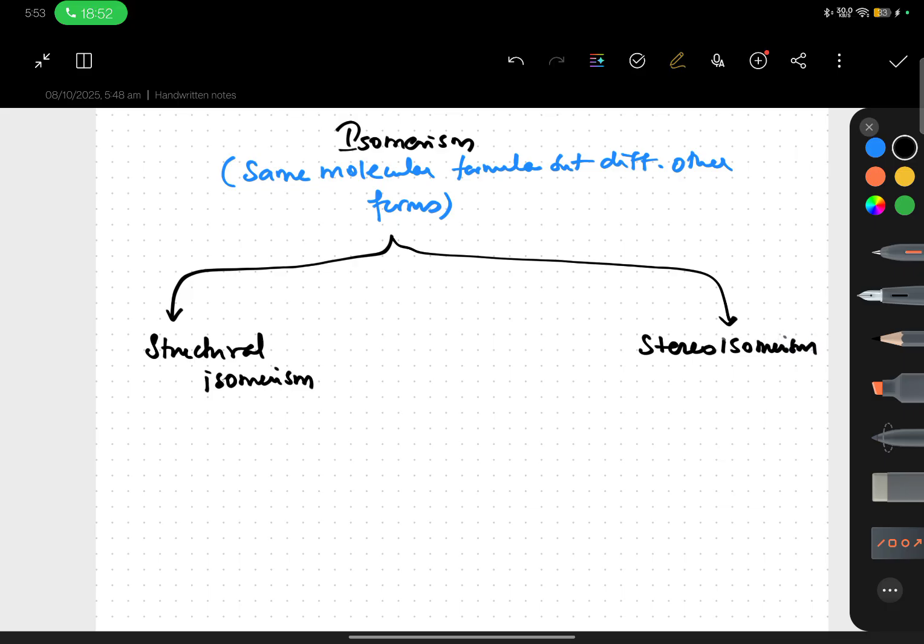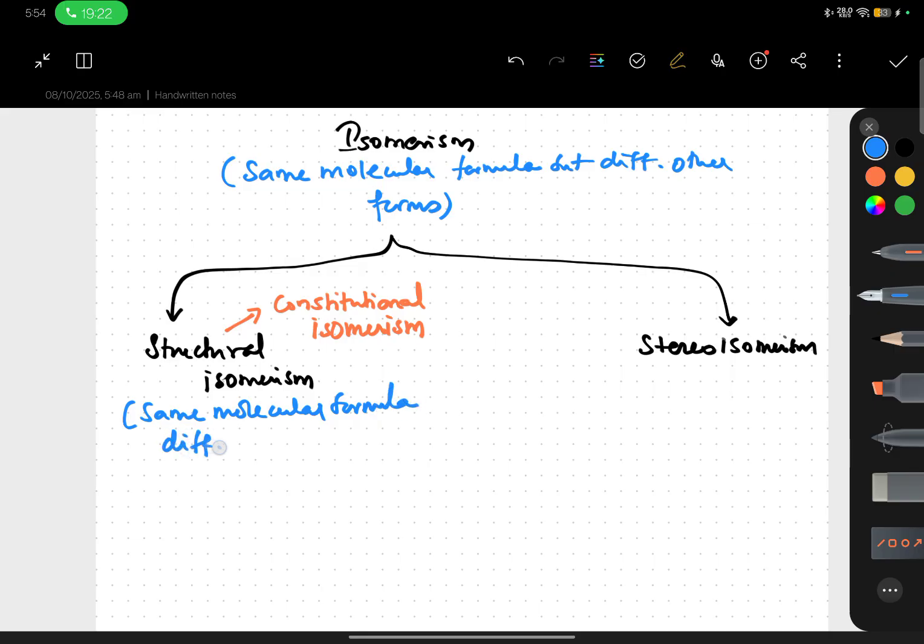so what is structural isomerism? It is also called constitutional isomerism. Same molecular formula, different structural formula.